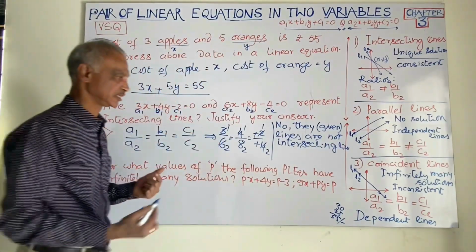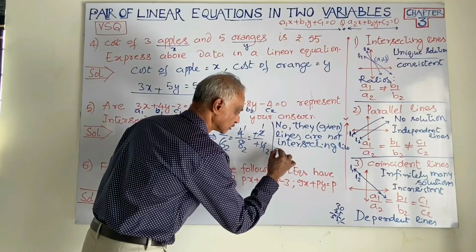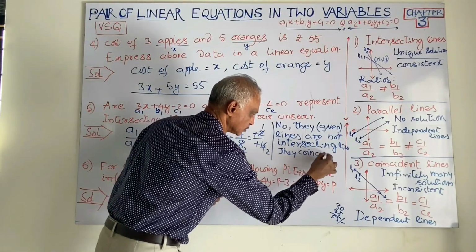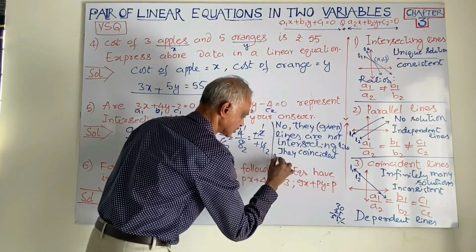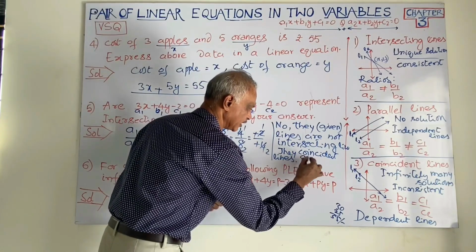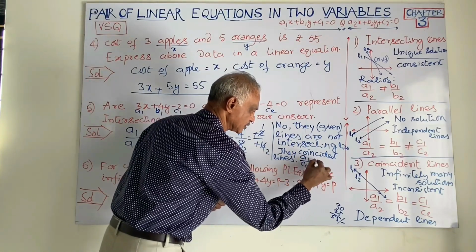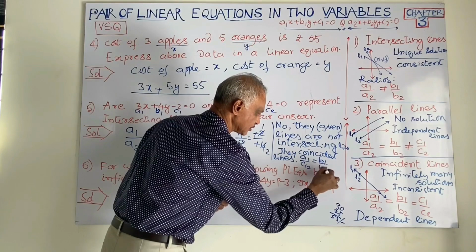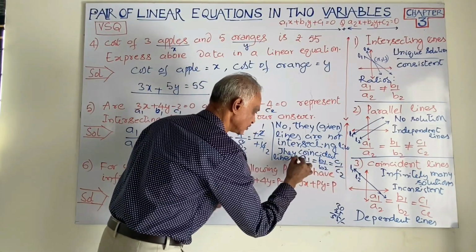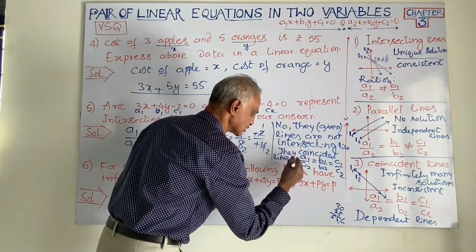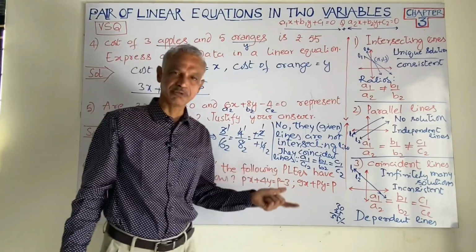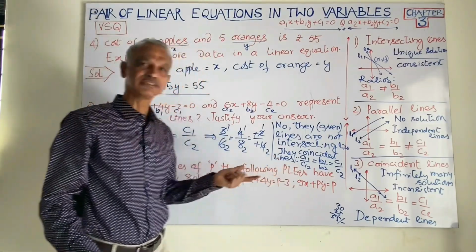They are coincident lines, because since A1 by A2 is equal to B1 by B2 is equal to C1 by C2. You have to write here: since A1 by A2 is equal to B1 by B2 is equal to C1 by C2.